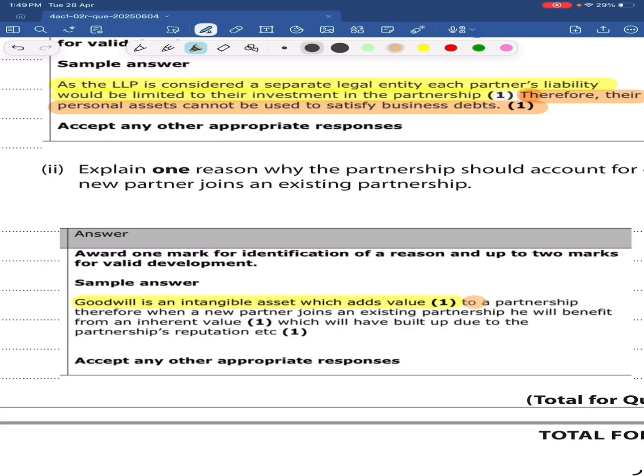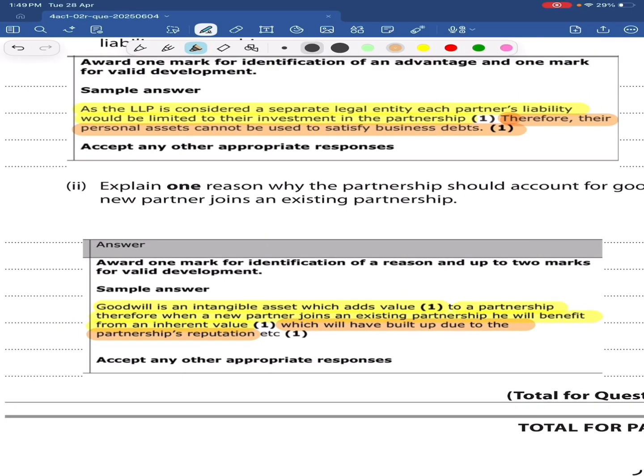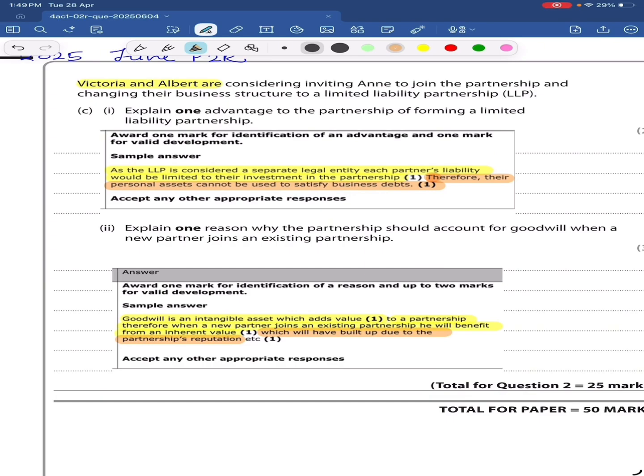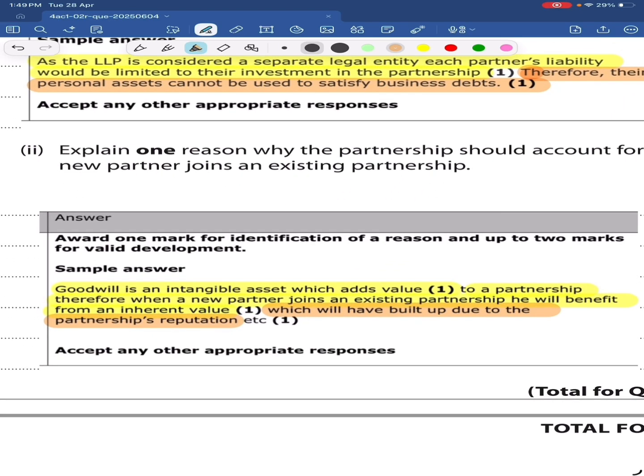First development: therefore, when a new partner joins an existing partnership, he will benefit from an inherent value. So you get 1 mark for that. Followed by which will have built up due to the partnership's reputation. So in this case, it's Victoria and Albert, who worked hard to build the reputation.